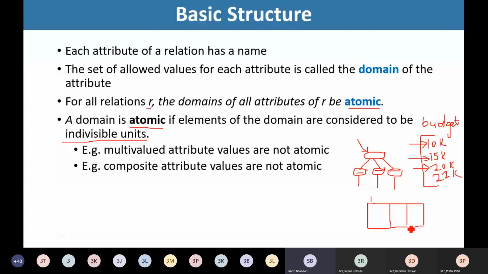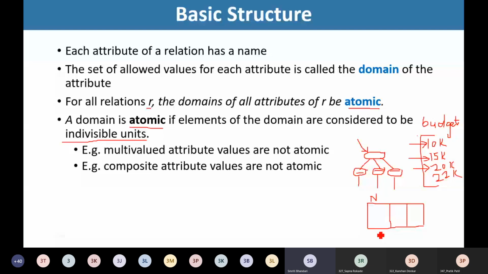The reason these three parts are stored individually is that we want the domains of all those attributes to be atomic. If I consider name as one column, then the domain is not atomic, because it is possible to separate this name into three parts.